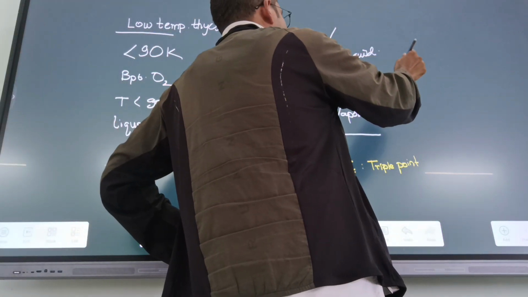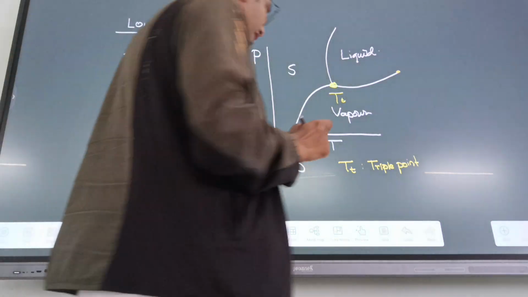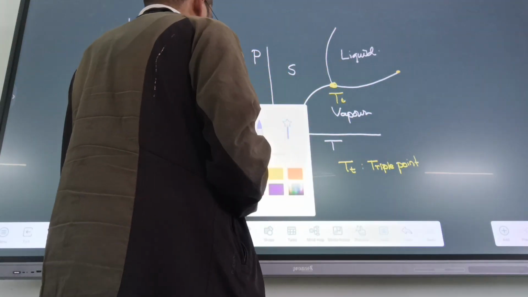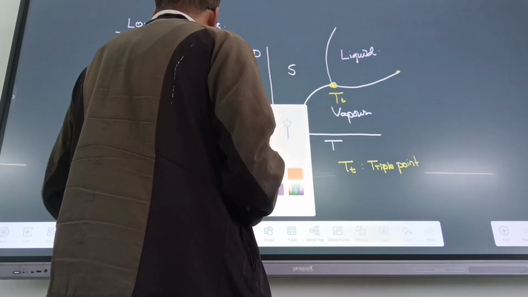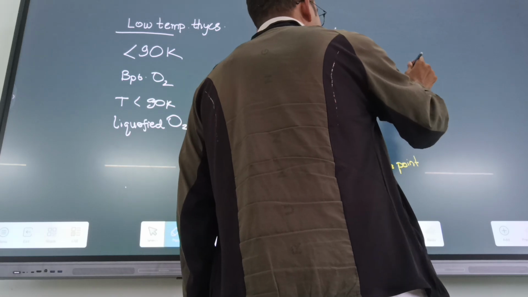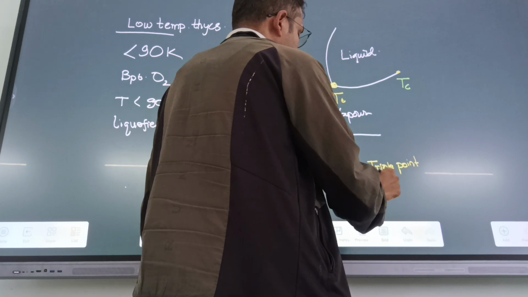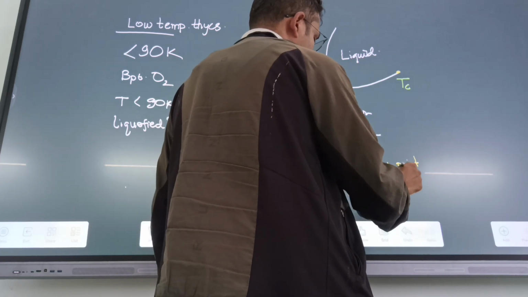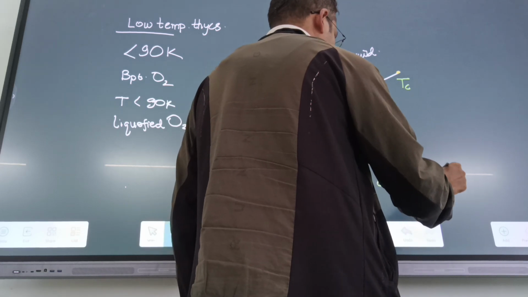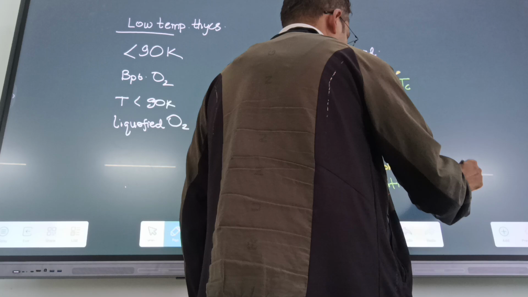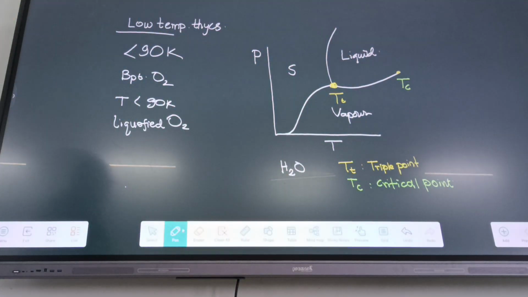यहाँ पे भी एक point exist करता है. It is called critical point. This is called TC. TC stands for critical point. What is so interesting about critical point?